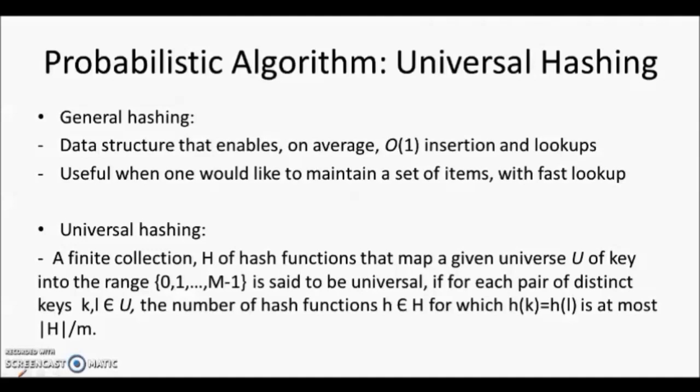Here, at runtime, we pick the hash function that will be used at random from a family of universal hash functions. So we can conclude that universal hashing gives good average case behavior. If key k is in the table, the expected length of the chain containing k is at most 1 plus alpha.